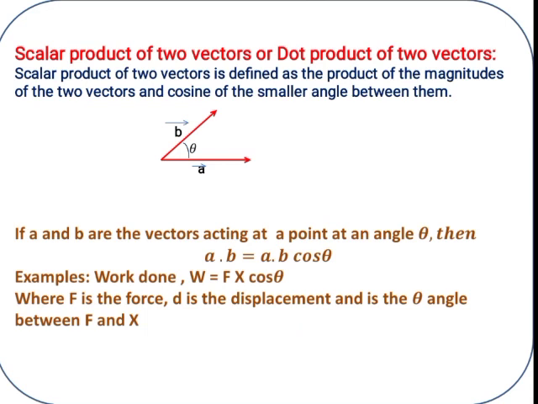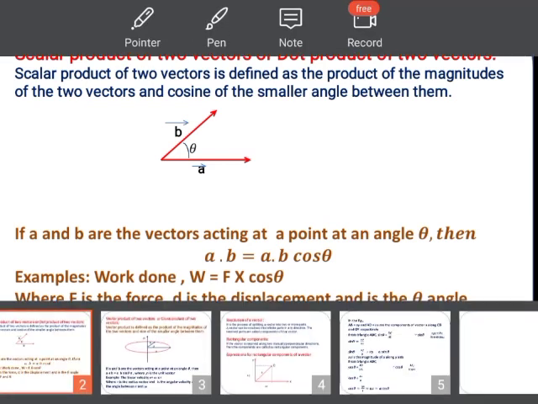Scalar product is also called a dot product. Both meanings are the same. Scalar product of two vectors is defined as the product of the magnitudes of the two vectors and the cosine of the smaller angle between them.